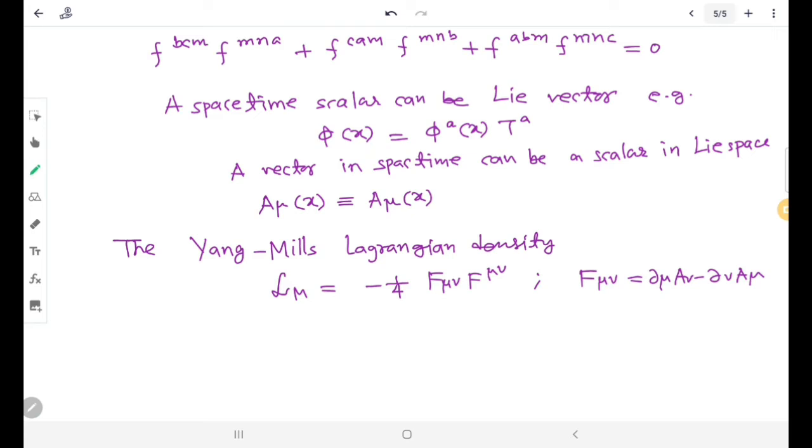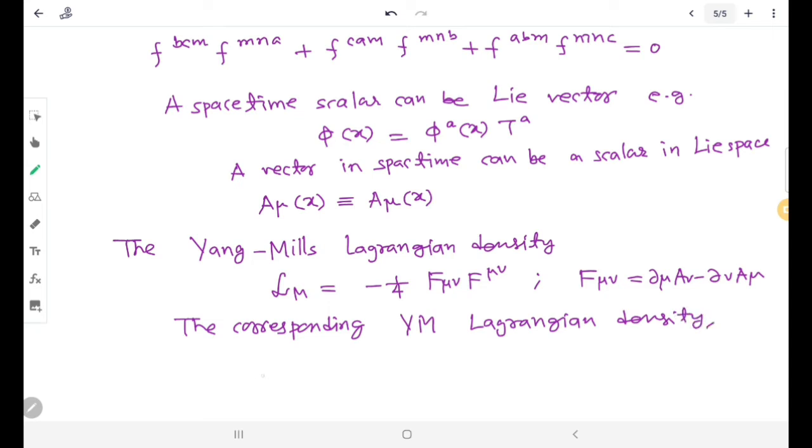So here, for the non-Abelian Yang-Mills Lagrangian density, the corresponding Lagrangian is denoted YM, meaning Yang-Mills.